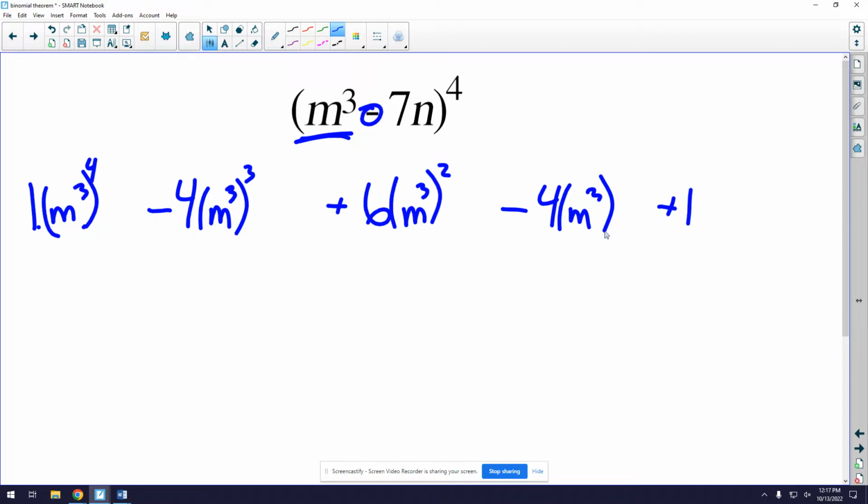So now I can just focus on the 7n. If you didn't deal with those like I did, you would need to do negative 7n all to your exponents, and that would then take care of your positives and negatives. No 7n's on the first one. 1 on the next one, 2 on the 3rd, then 3, and then 4.